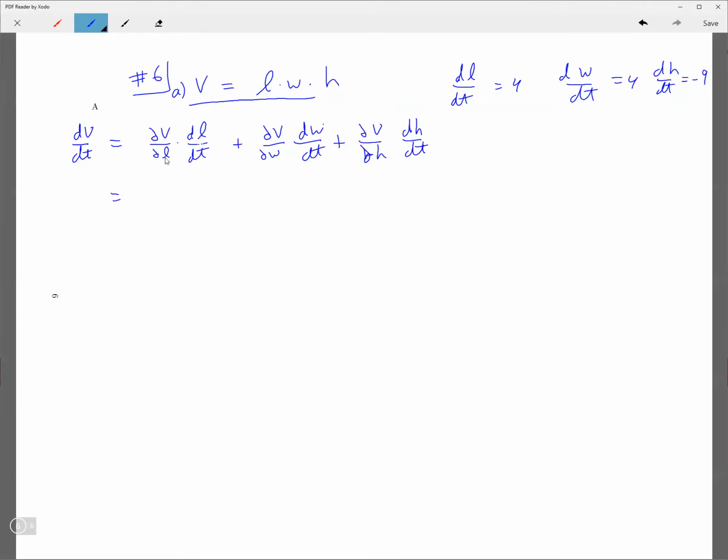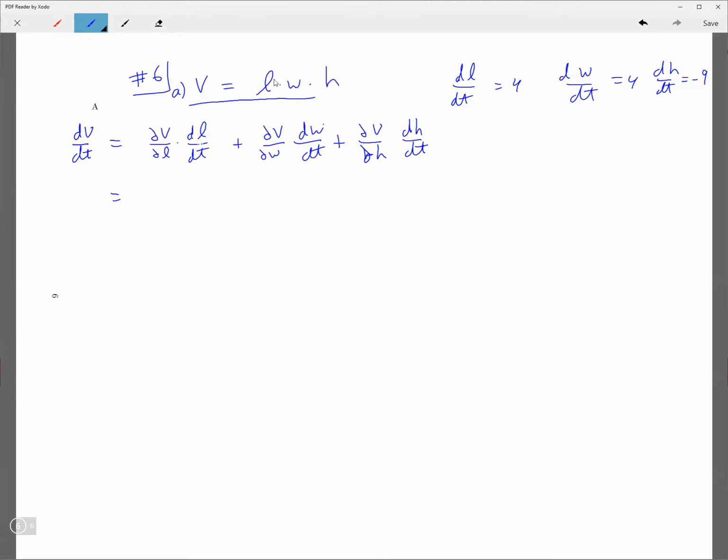Okay, so what's the partial of V with respect to L? There's the equation: V is L times W times H, right? So you treat W and H like a constant.